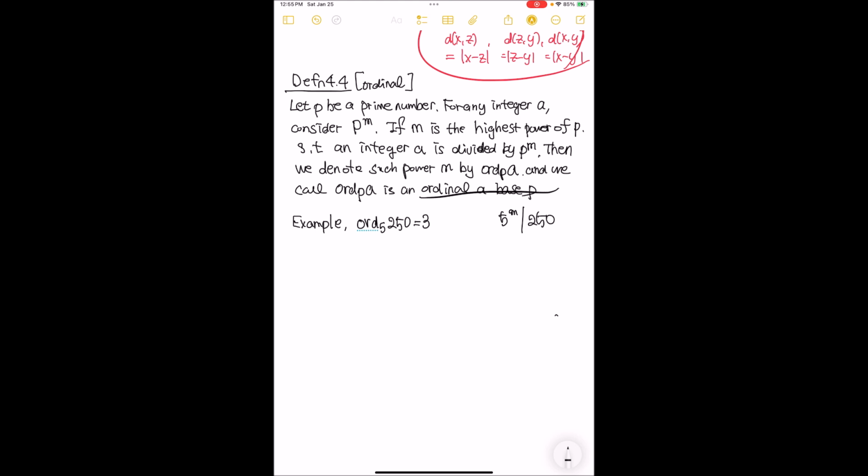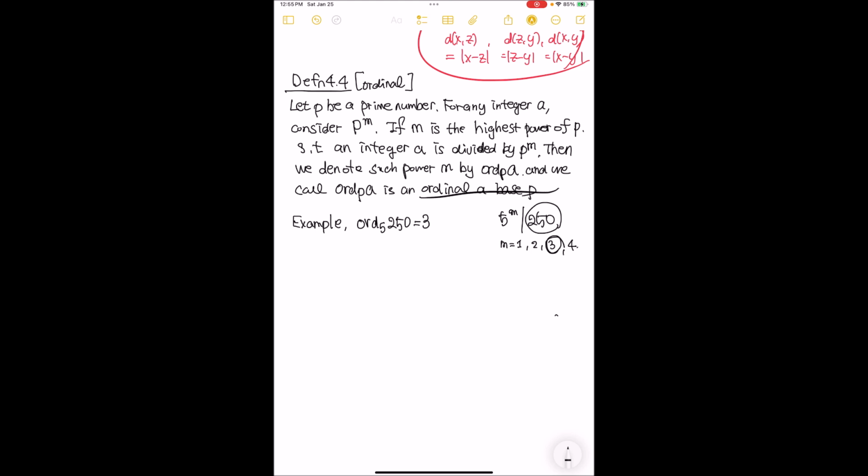In that case, if we take 1, 2, those divide the number, but we can find the maximum number 3.